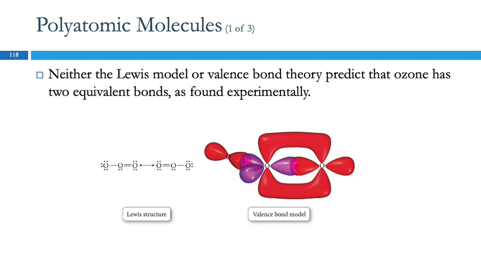It's between. We know from experiment that these bonds between the oxygens are equivalent. They are not different. Here it's shown as a single and a double, but they're actually more like a 1.5 bond. The valence bond model can't handle that either. You either have to put the double bond over here between these two oxygens, or you have to put it over there.